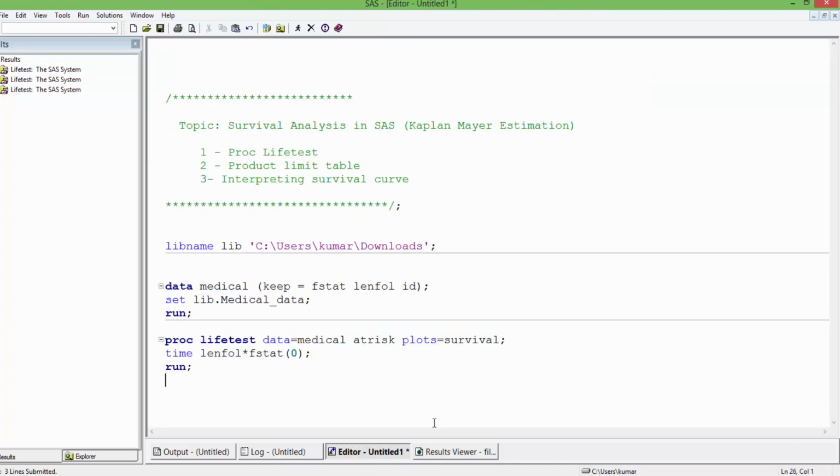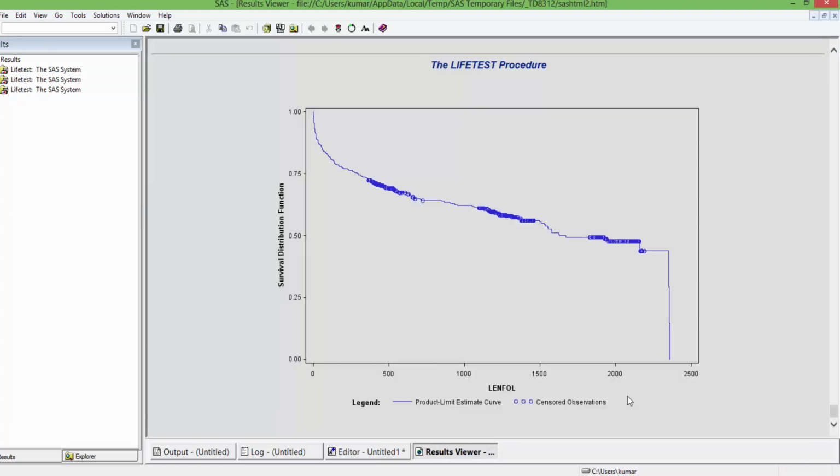The same thing can be replicated in other fields also. We are analyzing death here, but we can analyze any event. In the credit risk industry, we can analyze default, delinquency, bankruptcy, payoff, liquidation, so many things. Similarly, in the marketing industry, we can analyze when the customer is purchasing, so purchase is the event, or when the customer is leaving the company, or being loyal to the company.